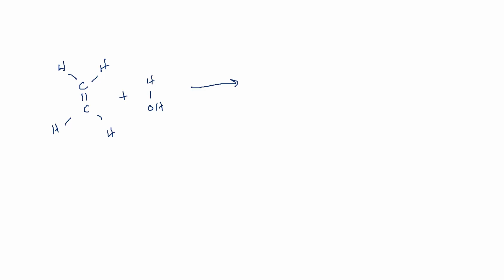Because this opens up, and you've got to have a strong acid here as your catalyst. This opens up the double bond, and you get a hydrogen, a carbon, a hydrogen here, and the hydrogen here, and then you get the double bond opening, the hydroxyl group goes here, and the hydrogen here. So this is called an addition reaction.